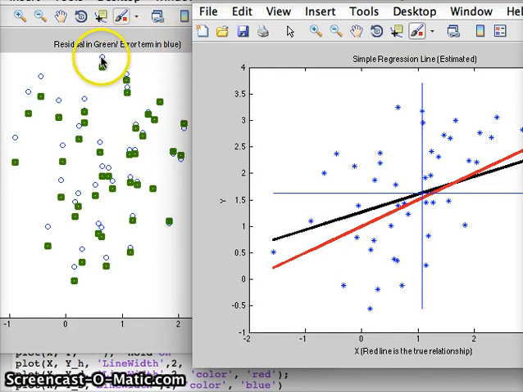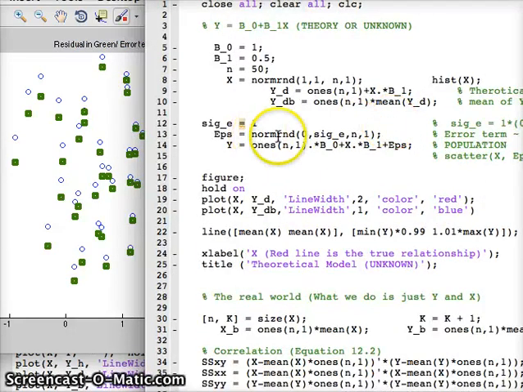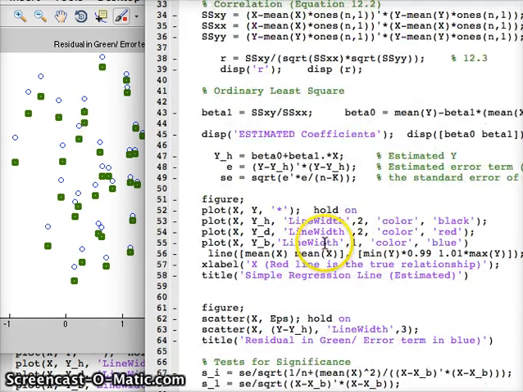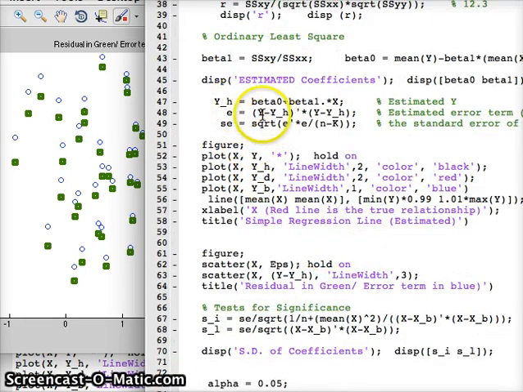The true error term in the simulation is generated from the normal distribution. And the bigger points, the thick points, are the y minus y hat. And that is the whole story for the simple regression.